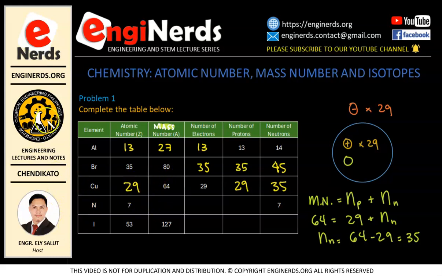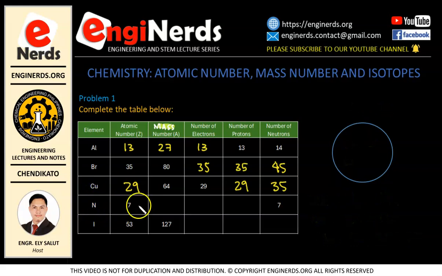Okay, so let's go to our fourth row. We have here nitrogen, which has an atomic number of 7. We learned earlier that the atomic number represents the number of protons inside our nucleus. So in that case, if you have an atomic number of 7 here, that means you have a number of protons, which is also equal to 7 here. Now, for neutral elements like this one, the number of protons will be equal to the number of electrons outside the nucleus.